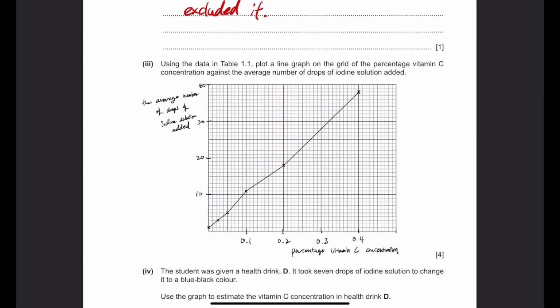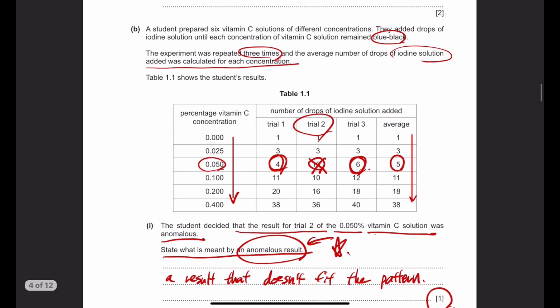Number 3, using the data in table 1.1, plot a line graph on the grid of the percentage vitamin C concentration against the average number of drops of iodine solution added. So I've already made the graph for you. You've got to be careful with this one, because if you look at the x-axis, the intermediate values are not consistent.